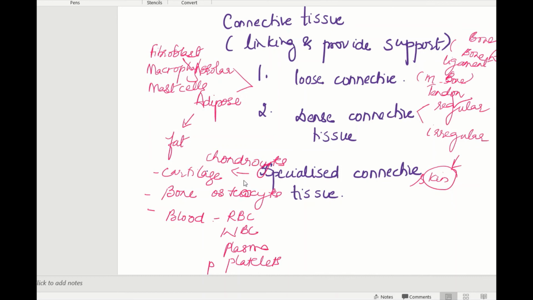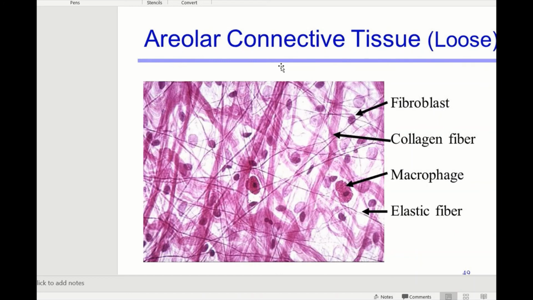Let us now see some images which will give you the real picture of all the connective tissue that we are talking about. So this is the areolar connective tissue, the loose connective tissue. Here you can see the fibers. These are the fibers called collagen fibers. You have the macrophages.